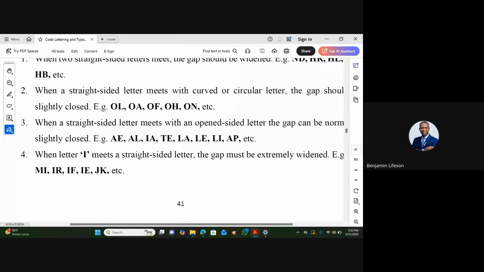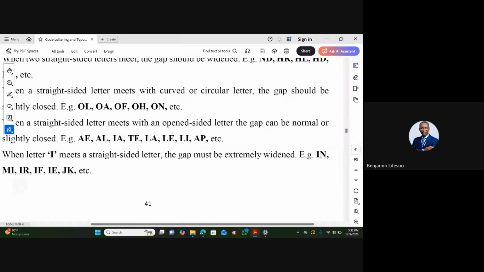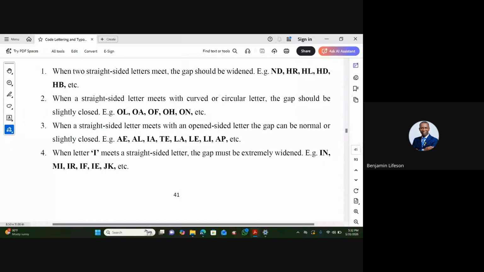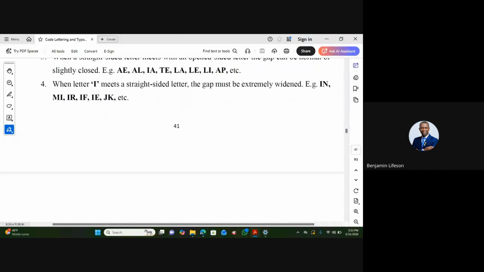Then principle 4. When the letter I meets a straight-sided letter, the gap must be extremely widened, because otherwise the I will be swallowed. Don't forget that I will just take 1 by 5 squares. So if you don't widen it, the other letters will swallow it.